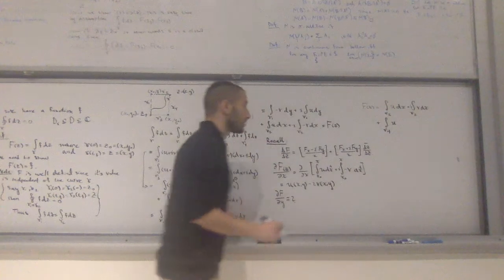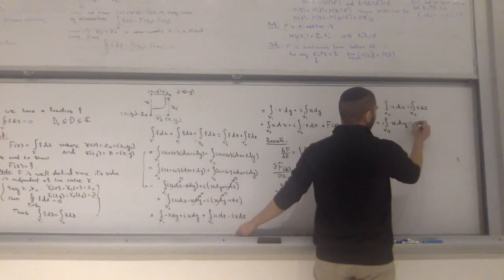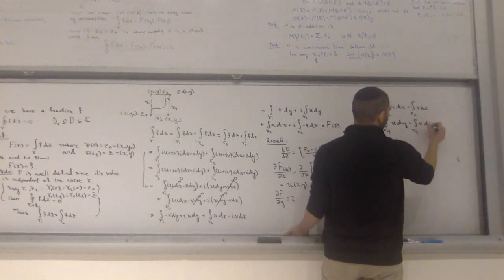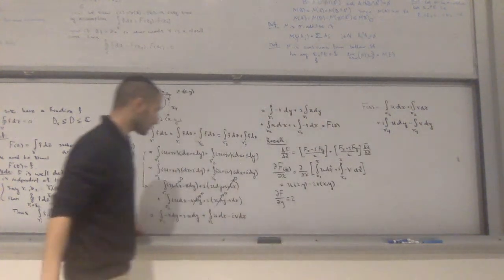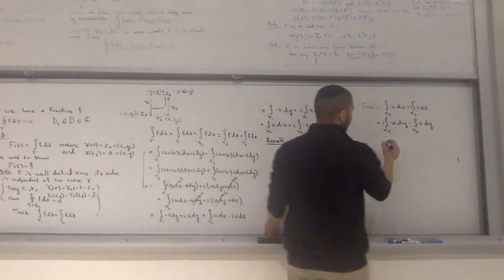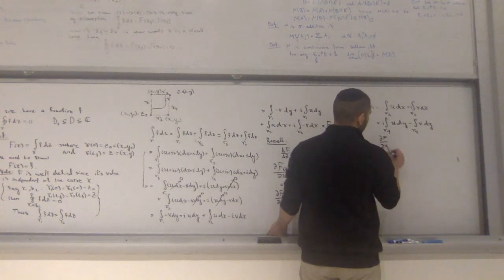Let's put the i on the outside: i times the integral along gamma 4 of u dy minus the integral along gamma 4 of v dy. Okay, now we can consider the partial with respect to y.